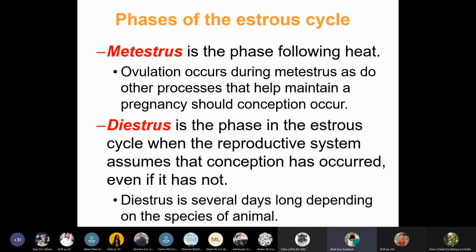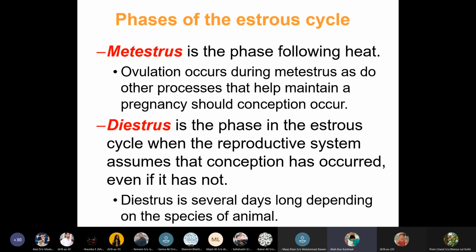Metestrus is the phase following the heat, and ovulation occurs during metestrus, as do other processes that help maintain a pregnancy should conception occur.